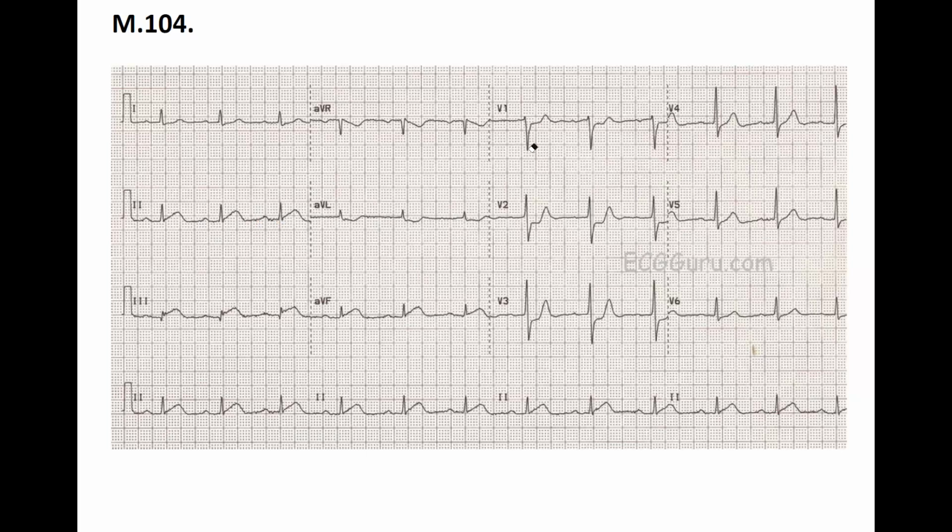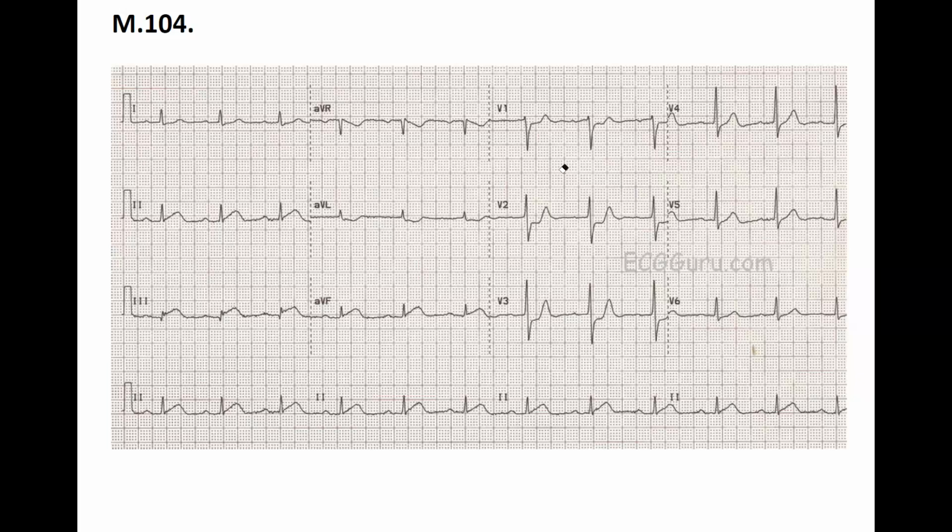And the S is not too deep in V1. Now, the criteria for a left ventricular hypertrophy: if you sum the S wave in V1 or V2 plus the R in V5, and it's bigger than 35 millimeters, that's a left ventricular hypertrophy. And this is not. So the R waves are normal.